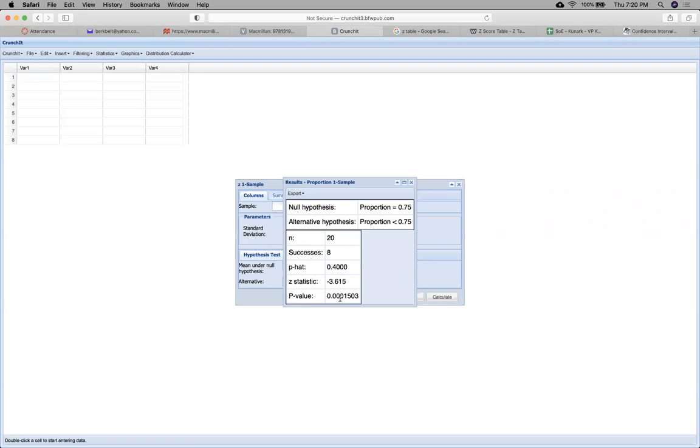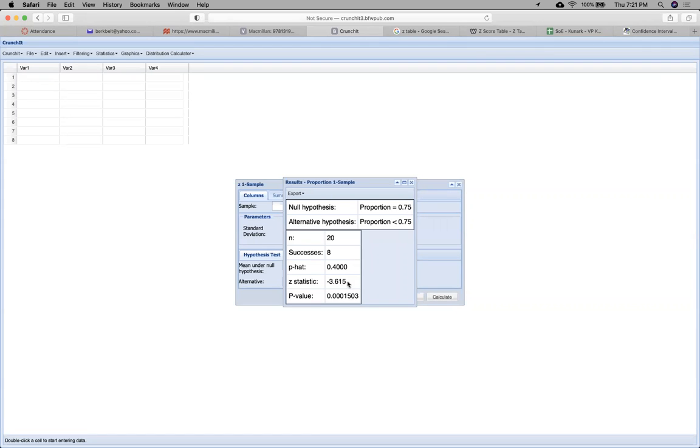This is about 1.5 hundredths of a percent. Is that a high likelihood or a low likelihood? It's so low that if it happens, you have to start questioning whether this is really true.